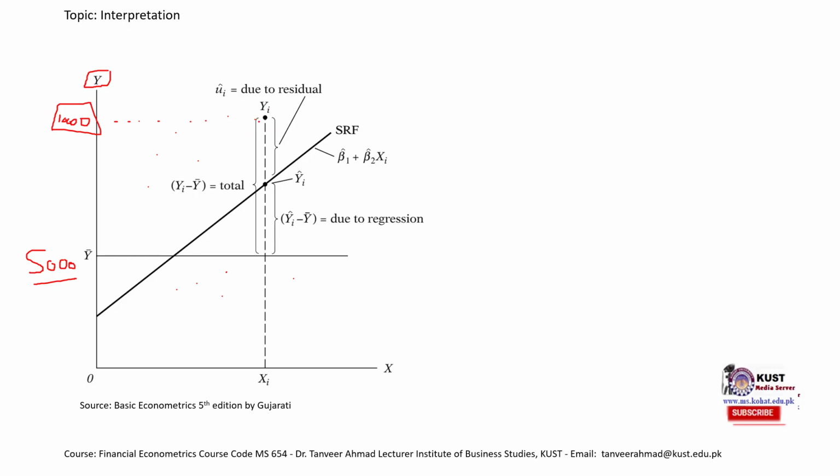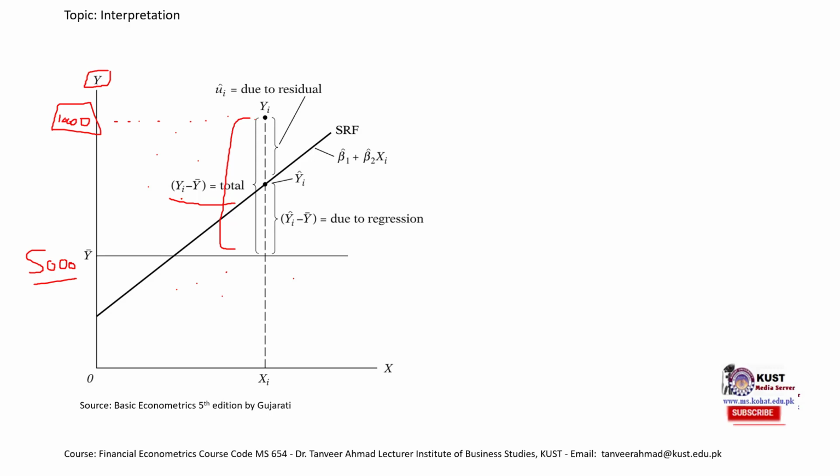There is this specific individual whose salary is 10,000 and it is different from the mean. You see this curly bracket, this part, this variation between the salary of this specific individual and our mean is what we call total variation.